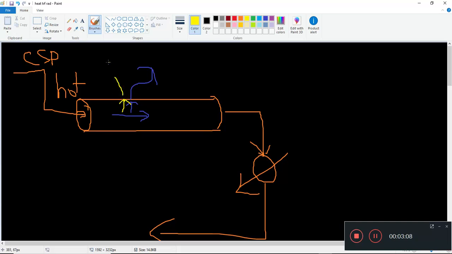Let's say the yellow arrow is the radiation heat transfer. So what are we actually interested in finding out? Well, for one, we want to know what the heat flux is at some particular point or location at the wall, so that we can find out the heat loss.